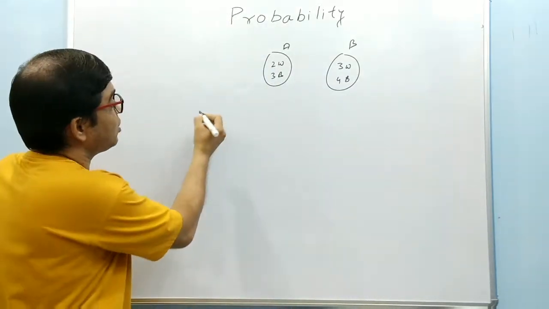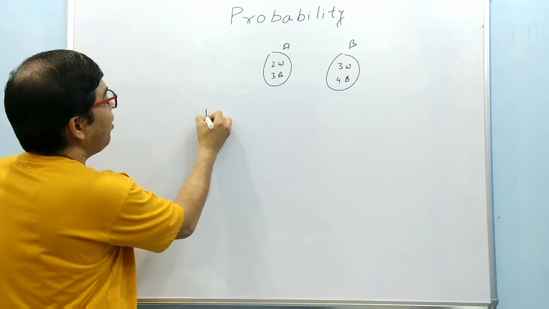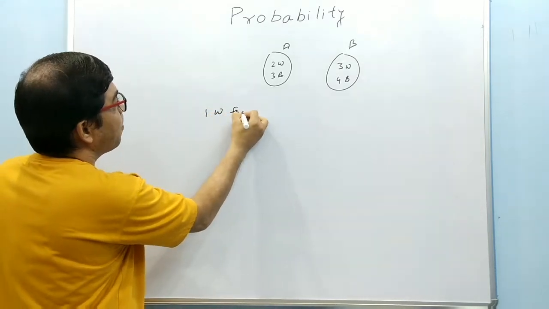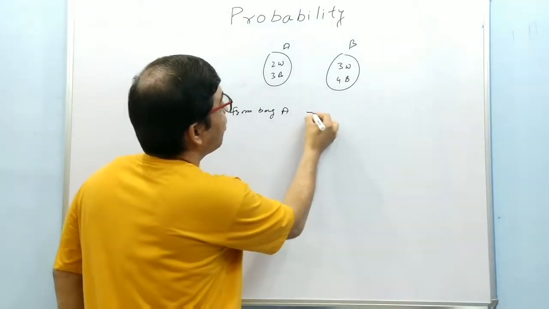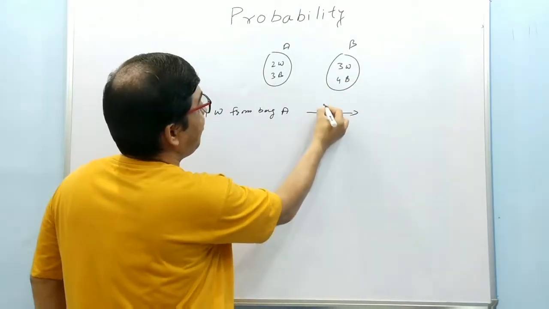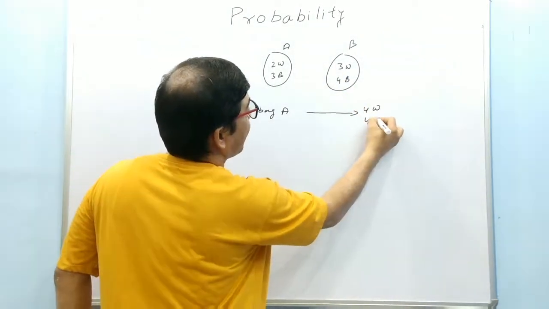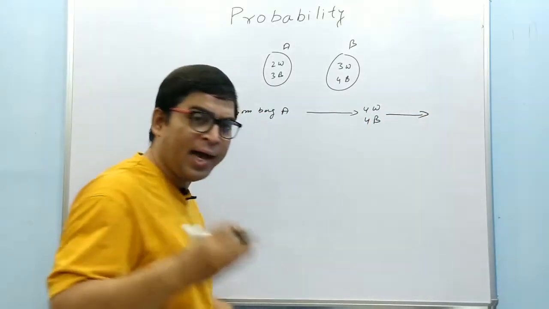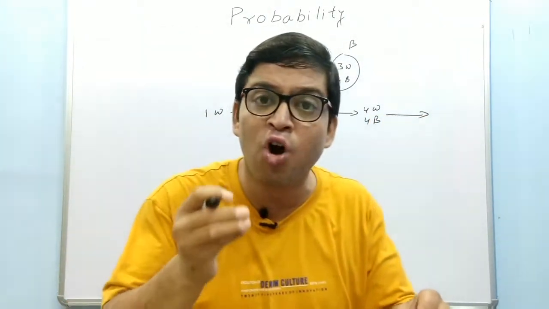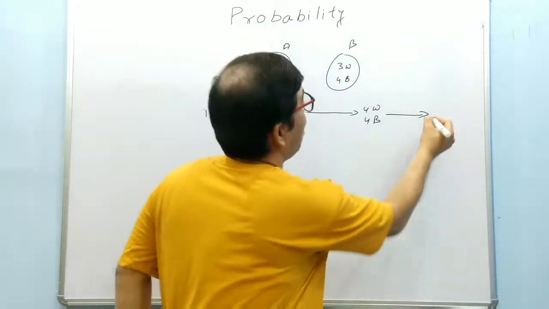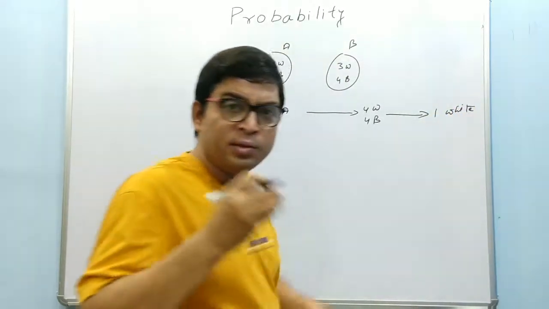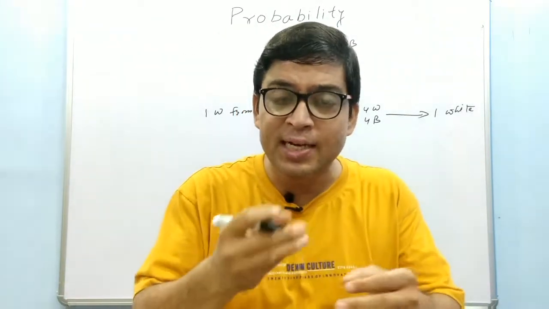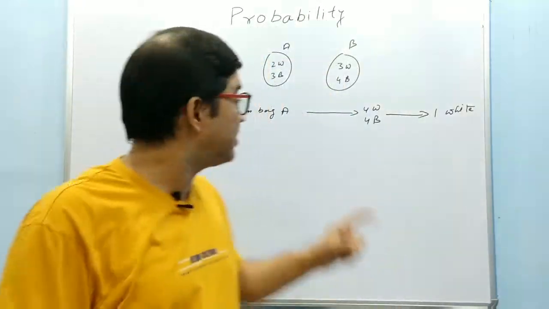One ball is transferred. It can be one white from bag A. White has been transferred. Now the combination in bag B is becoming 4 white, 4 black. Now from bag B, I have to draw one white ball. So the probability consists of 3 events.